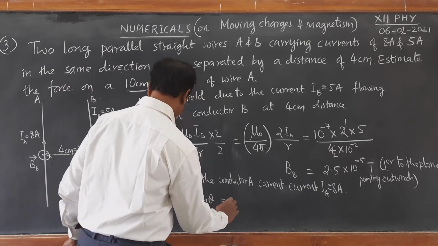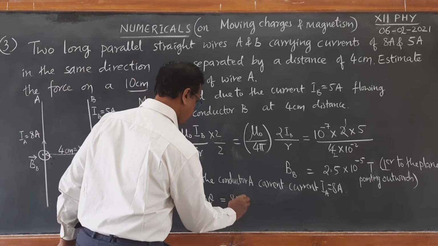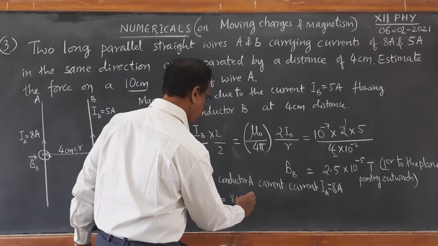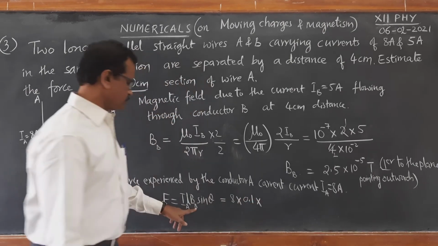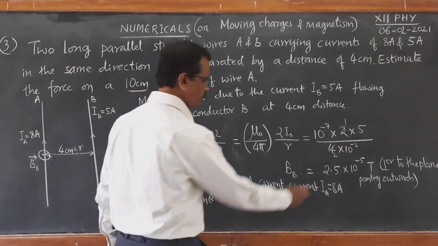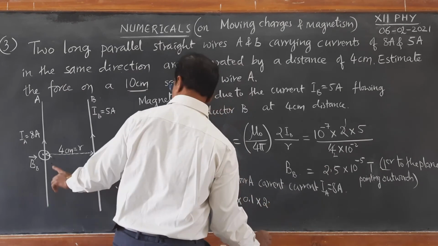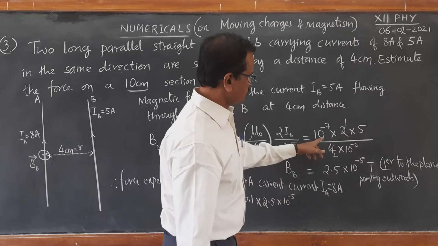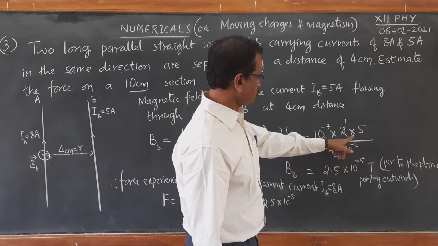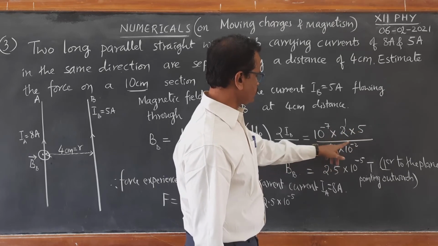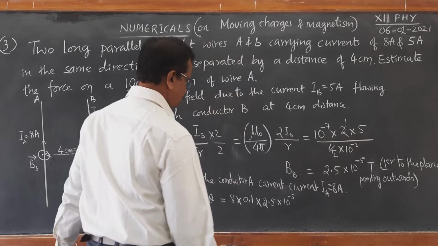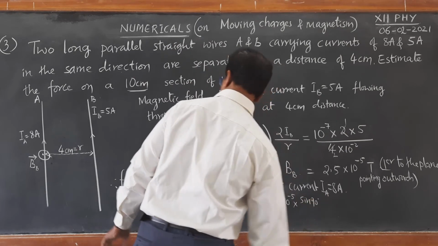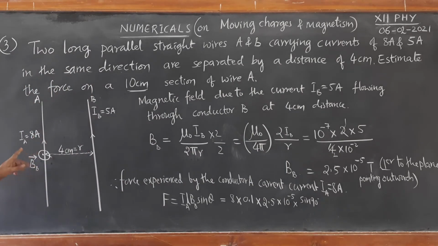Therefore, you can substitute the value of current 8 amperes into the section 10 centimeter. 10 centimeter is equal to 0.1 meter into magnetic field. Magnetic field we have just now calculated at this point, 2.5 into 10 raised to minus 5, into sine 90, because the angle between magnetic field and the current carrying conductor is 90 degree.